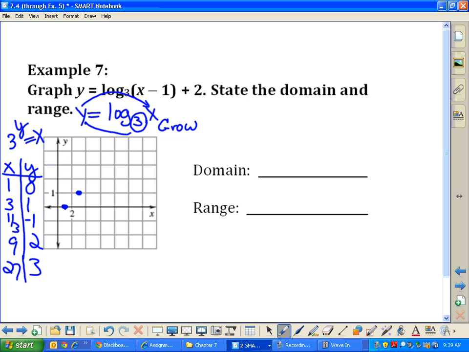Over a third, down 1 is right there. Over 9, up 2: 2, 4, 6, 8, 9, up 2. It's right there. And 27 doesn't fit. So you see we do get that logarithmic growth function. This graph goes in as dashed. This is just the parent function I'm drawing in right now.